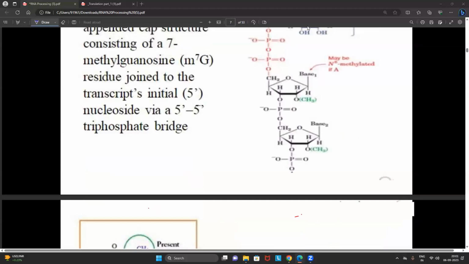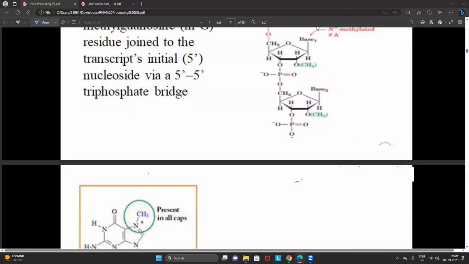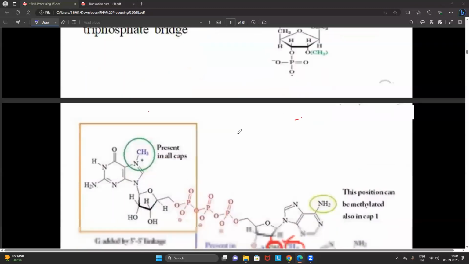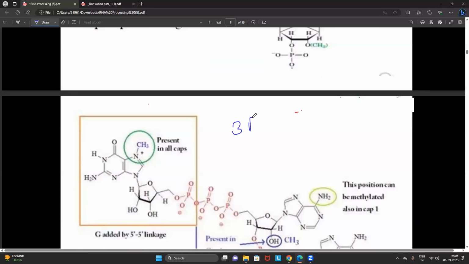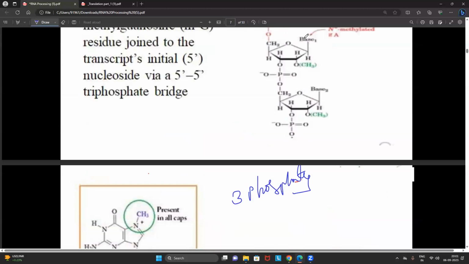Everyone, very quickly answer my question. What is the name of the enzyme that is involved in the removal of the three phosphates?